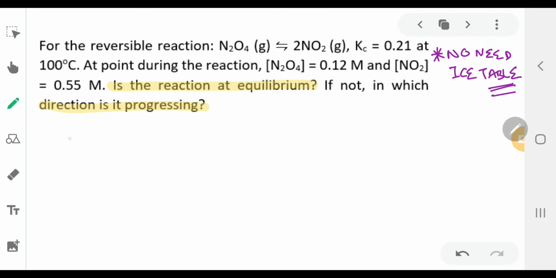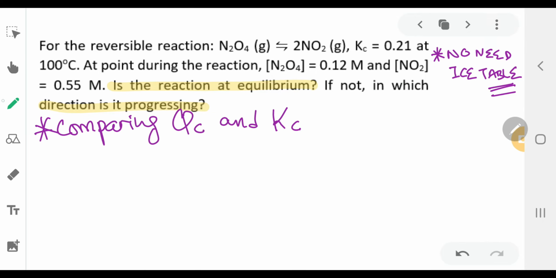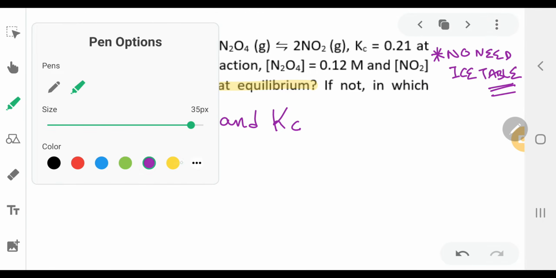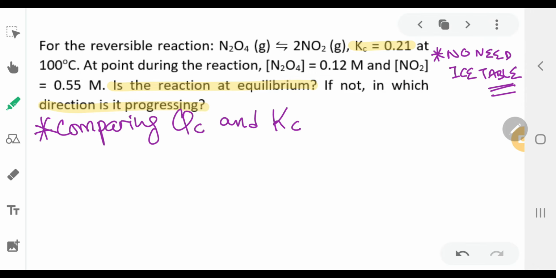Okay, we don't have to construct ICE because we want to compare Q and K. But what you need to do now is compare Qc and Kc, like what you have in there. You have value of Kc, and you want to compare with Qc. We have discussed just now the Qc expression. It's important for you to write it.